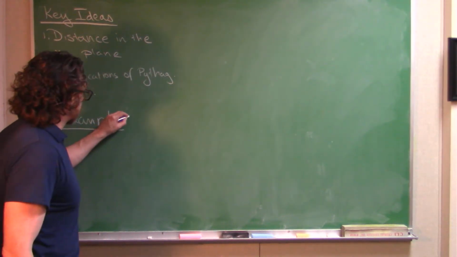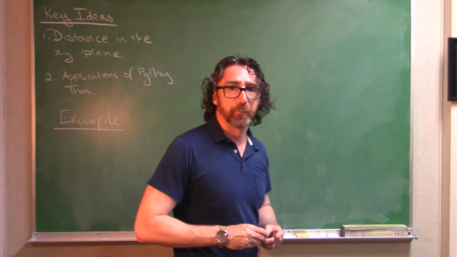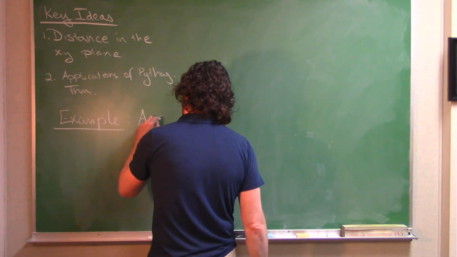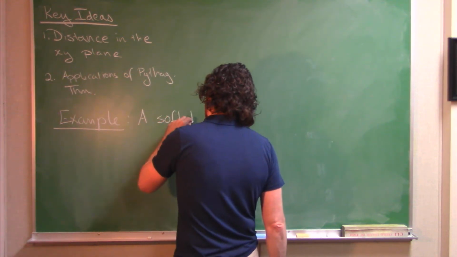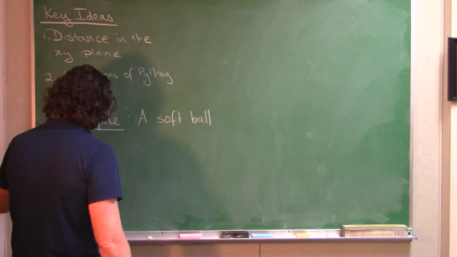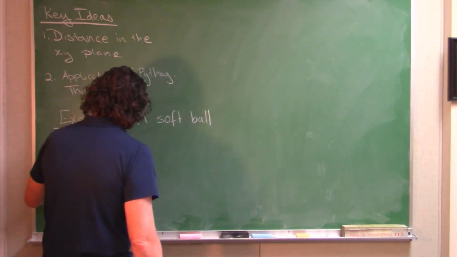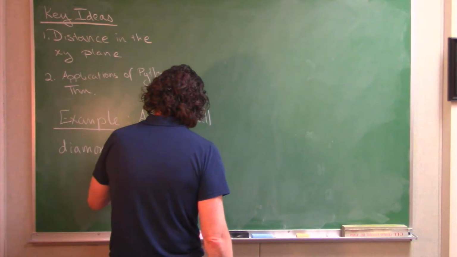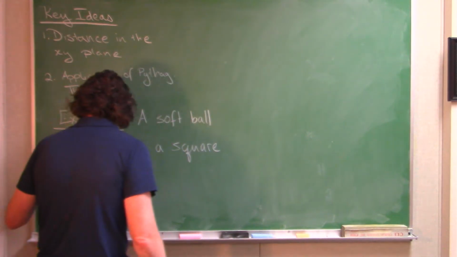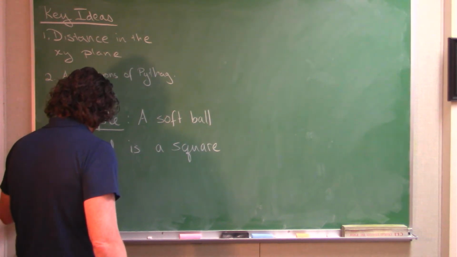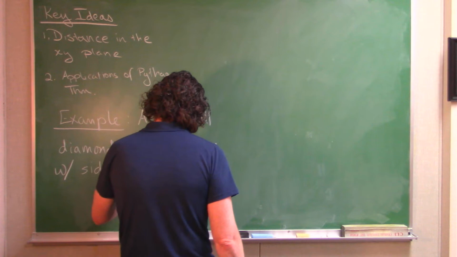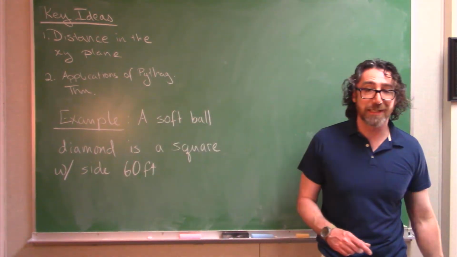Okay, so in this example, let's do this one here. A softball diamond is a square with side length 60 feet.